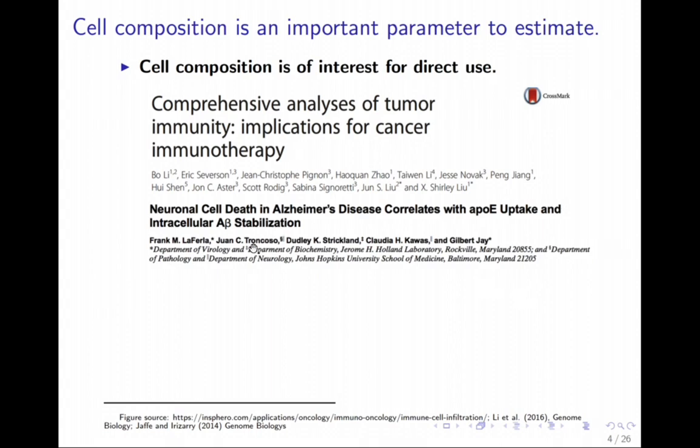Some other studies also found that neuronal cell death is a prominent feature in Alzheimer's disease brains. So imagine that if we can estimate the cell composition accurately for the heterogeneous samples we collected from the human body, we could use those to predict a treatment response or even do disease diagnosis.